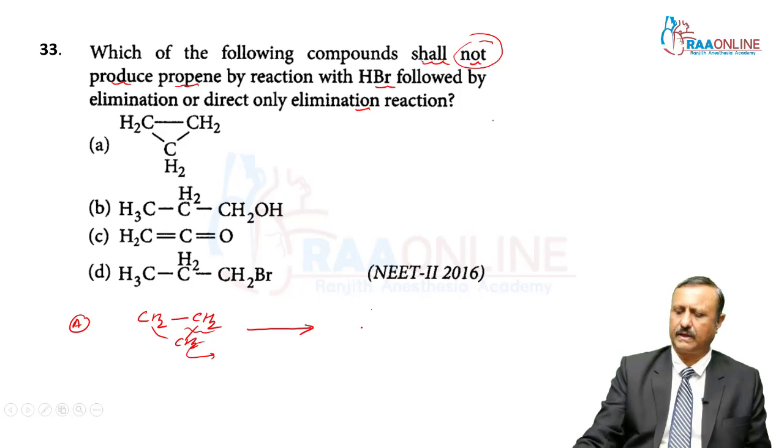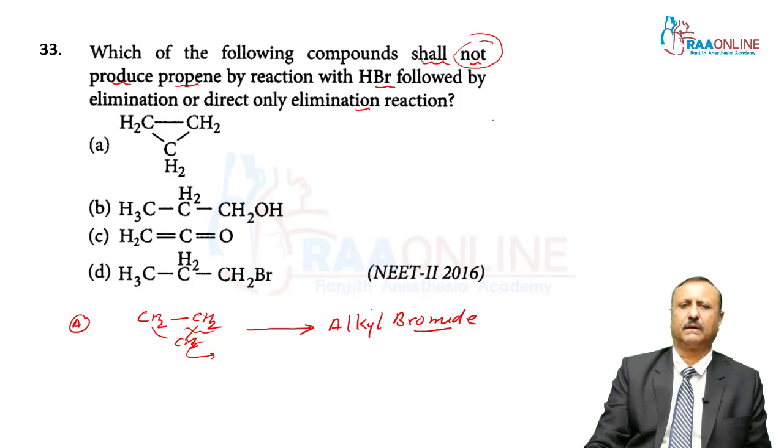You can also call it alkyl bromide because here you take the HBr, so it is called alkyl bromide. Alkyl bromide, when heated with alcoholic OH, also gives propene because here 3 carbon atoms are present.